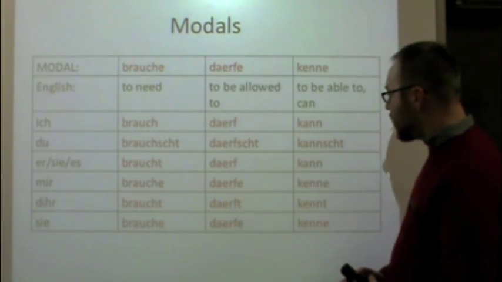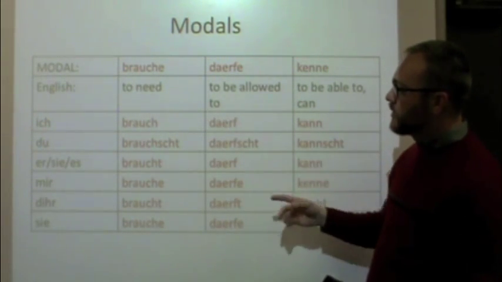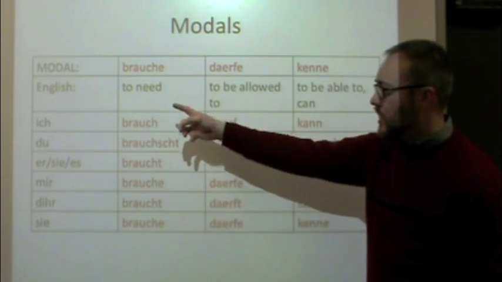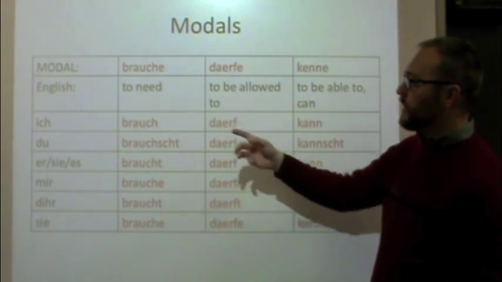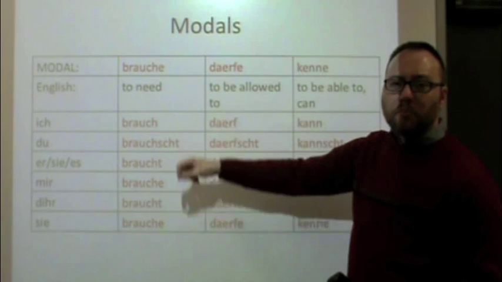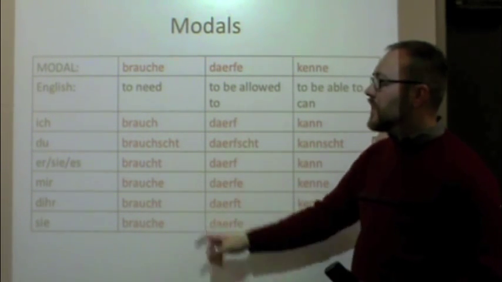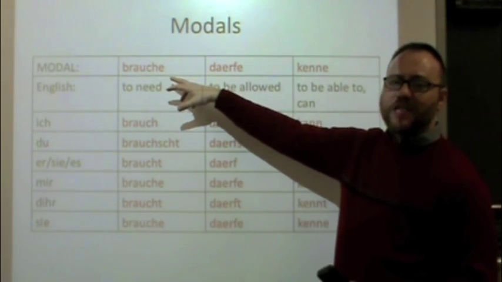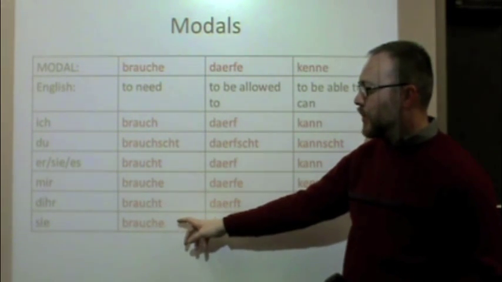Okay. Here are the first 3. So I have our table here with our modals. Down the left-hand column are our pronouns, ich, du, er, sie, es, mir, dir, sie, and I've given you the English. So the first one is brauche, which means to need. Now the original spelling, B-R-A-U-C-H-E, and the infinitive, notice that for the most part this one's pretty good.